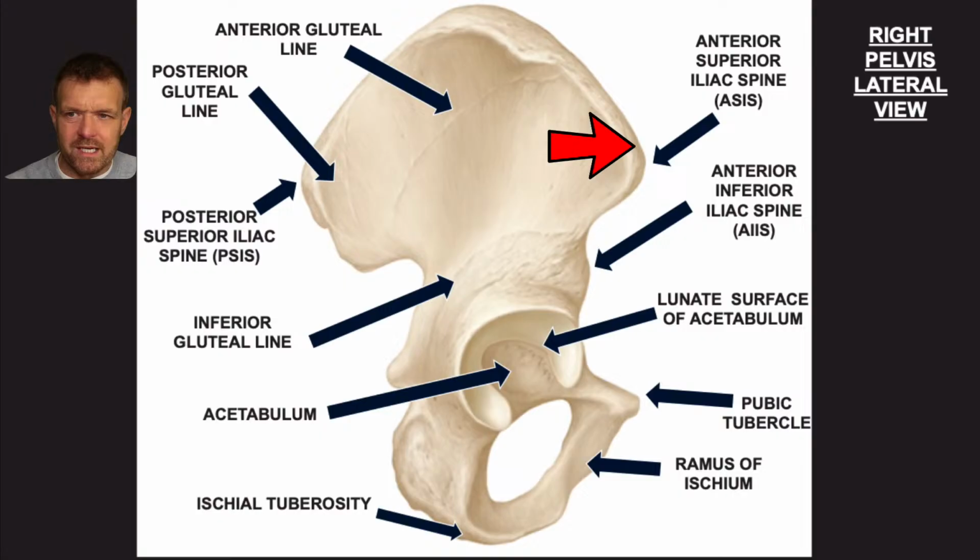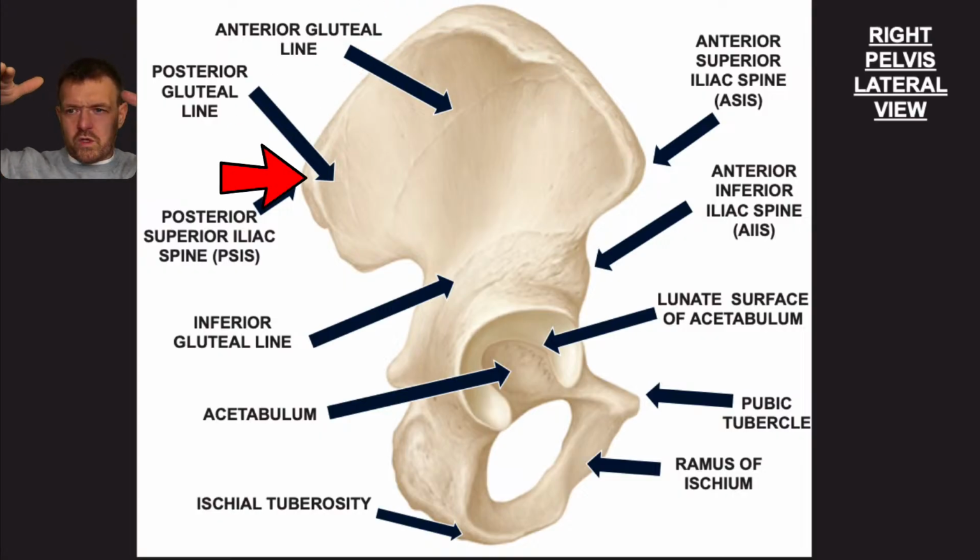So with that iliac crest, often you'll have someone stood in front of you, either facing away or facing towards you, and you'll put your hands like that on top of the iliac crests, and then you'll say, yeah, that one's higher than that one, or that one's lower than that one. Here's the problem.